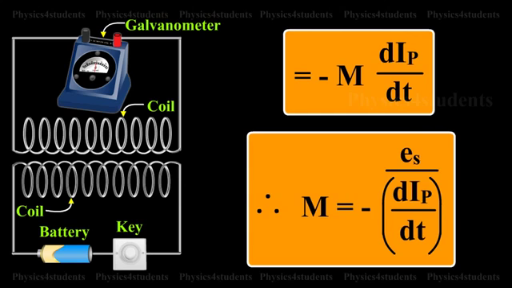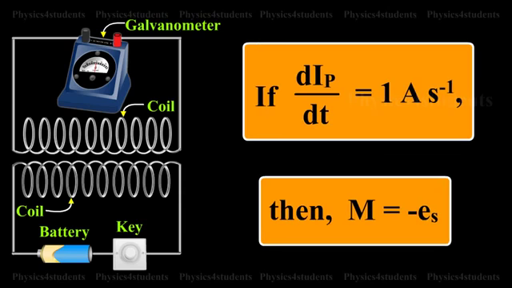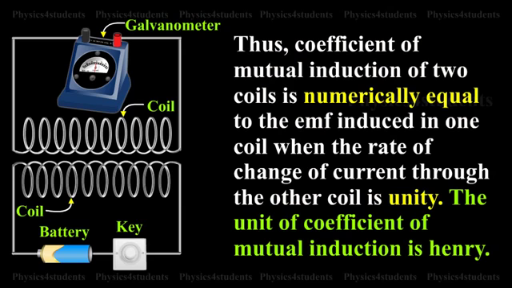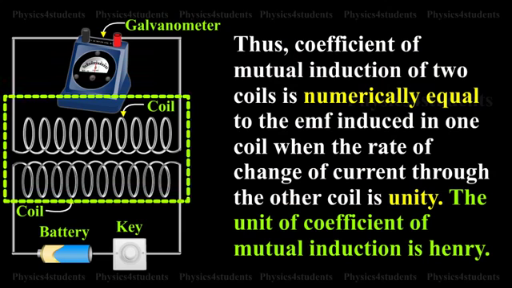Therefore, M is equal to minus ES by dIP by dt. If dIP by dt is equal to 1 A s^-1, then M is equal to minus ES. Thus, the coefficient of mutual induction of two coils is numerically equal to the EMF induced in one coil when the rate of change of current through the other coil is unity.